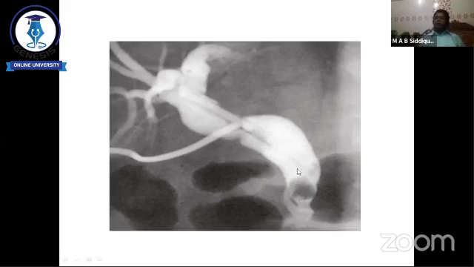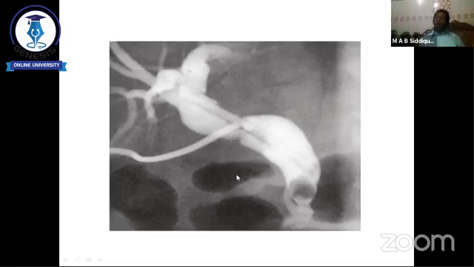So this negative shadow has three differential diagnoses: one is air bubble, one is stone, and another one is clot. If there is a negative shadow in the CBD on this X-ray, that is a missed or retained stone, and it needs intervention.